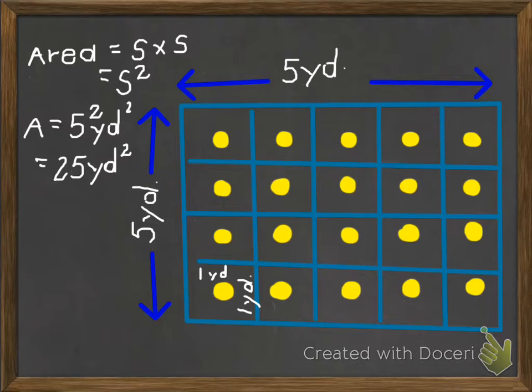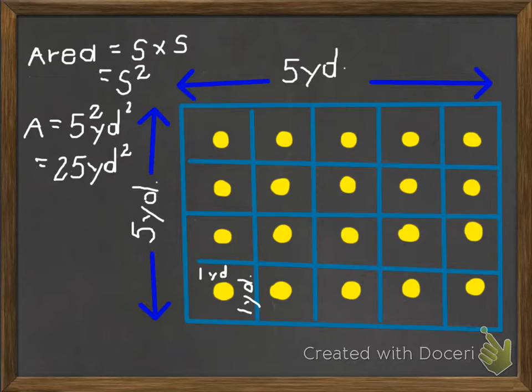So 5 yards times 5 yards is 5 times 5 yards times yards. So that 5 times 5, remember, is 5 squared, where the exponent, the small 2, tells us the number of times 5 is a repeated factor, the number of times the base is a repeated factor.